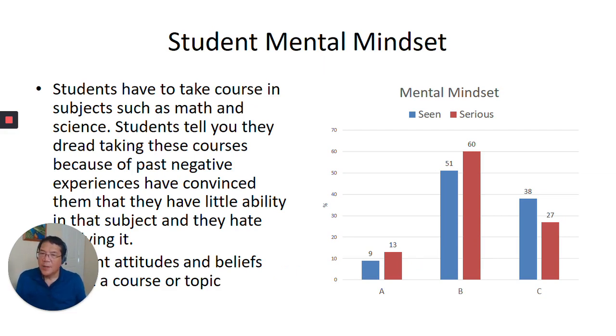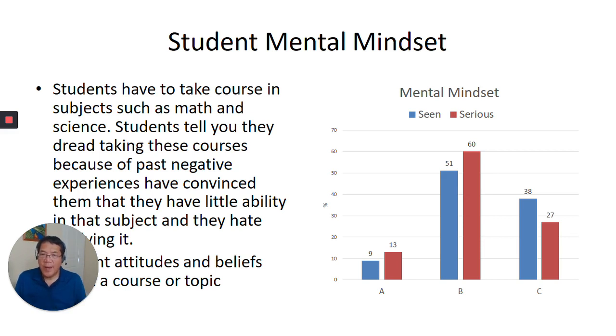Student mental mindset has to do with the attitudes and beliefs that students hold towards a course or a topic. So for example, how hard should I have to work in order to do well in this course? How valuable will this course be to me? How motivated am I to work towards this course? Do I like this topic, or do I fear this topic?